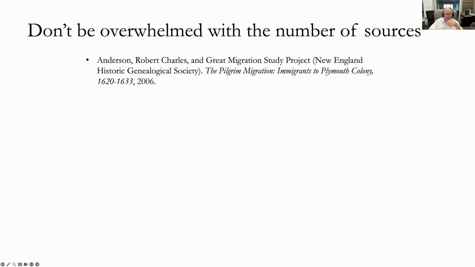This book and this program, which is on American Ancestors, documents every known individual who lived in or came through Plymouth Colony in New England, and most of the people from New England, from 1620 to 1633.